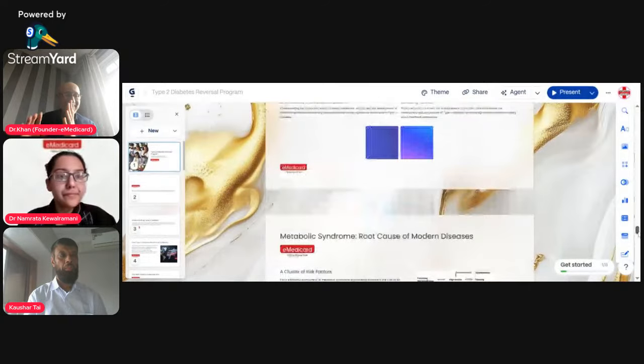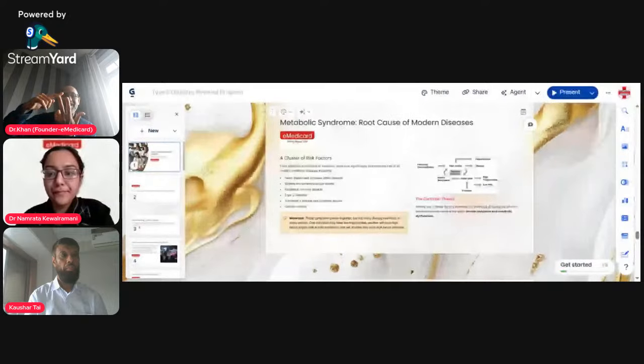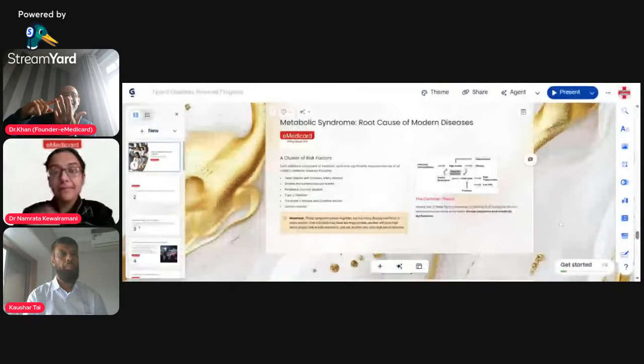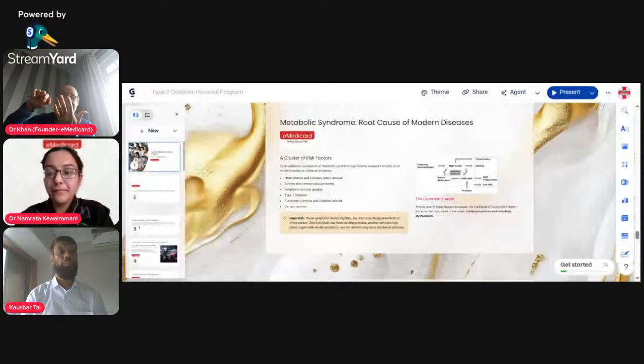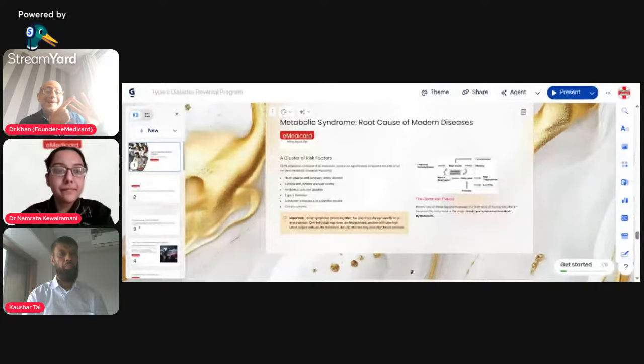You develop hypertension, you develop obesity, you get high triglycerides, low HDL, and high insulin. Because of this, we are developing all these metabolic syndrome conditions. Again I repeat: type 2 diabetes, hypertension, lipids, then you have PCOS, high triglycerides, and obesity. This is all part of metabolic syndrome. Why are we developing them? Because of insulin resistance. And what happens?